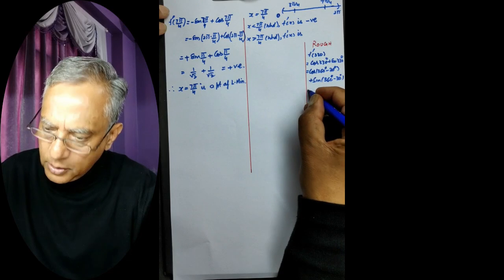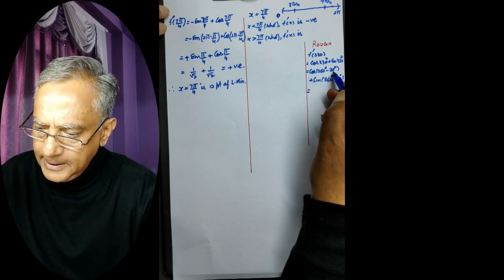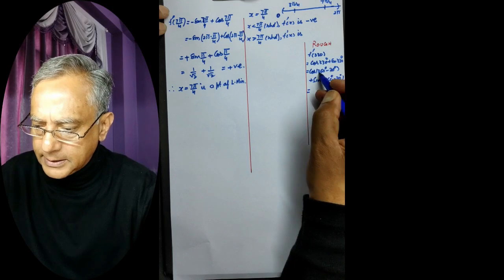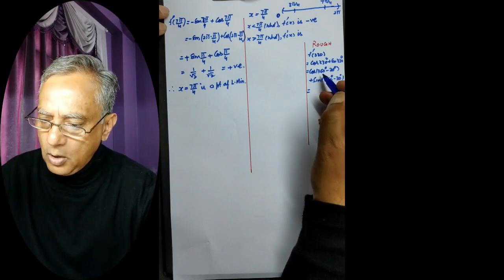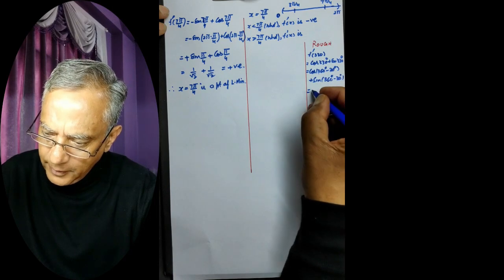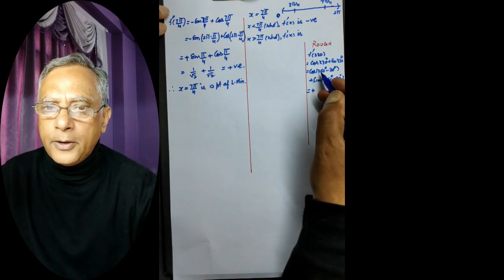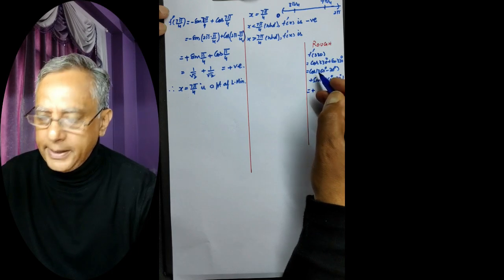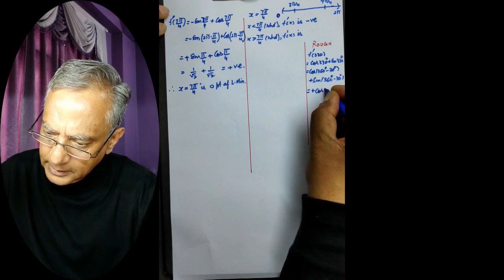Now cos of 360 degrees minus 30 degrees, in which quadrant does this angle lie? It lies in fourth quadrant. In fourth quadrant, cos is positive. So we will have plus. And this is even multiple of pi by 2, that is 4 into 90 degrees. So cos will remain cos of 30 degrees.